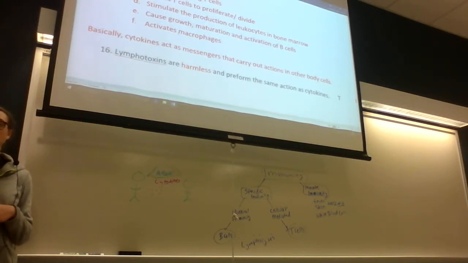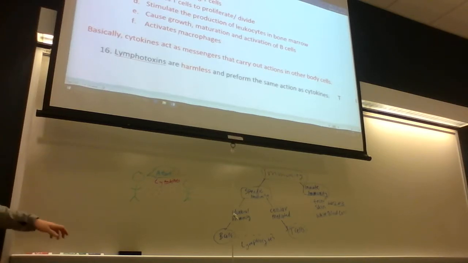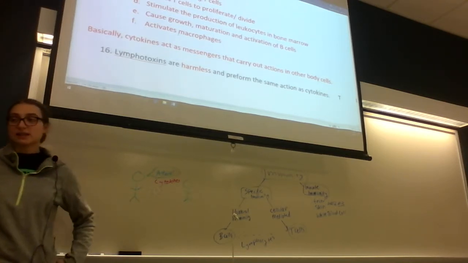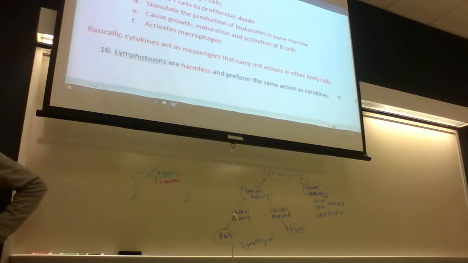So cytokines are like messages. Cytokines tell your T cells to activate, to start working. It causes T cells to divide and spread out. Cytokines also stimulate the production of leukocytes in the bone marrow, so it causes you to produce more white blood cells, which we like when we get sick.